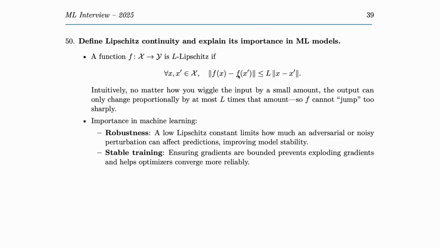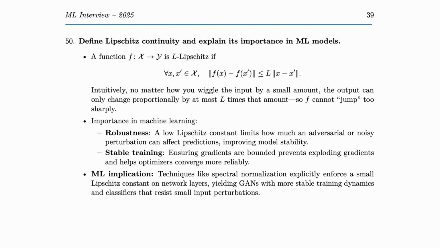Because if x prime changes by just a bit, f of x prime changes by just a bit, okay? So by having neural networks that are Lipschitz, you make sure that your neural network is robust, for example, against adversarial attacks or against noisy perturbations, okay? And that also ensures stable training, because then you have bounded gradients, and that avoids problems such as spikes in your training loss, NaN loss, or loss that goes to infinity.